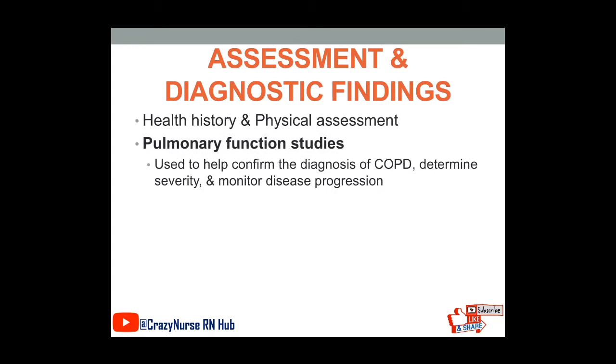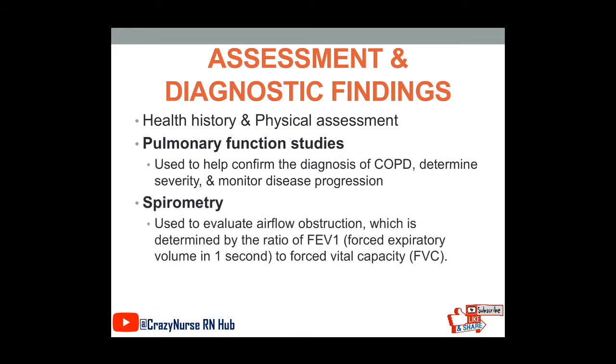They are used to help confirm the diagnosis of COPD, determine severity, and monitor disease progression. We also have spirometry. It is used to evaluate airflow obstruction, which is determined by the ratio of FEV1, or forced expiratory volume in 1 second, to forced vital capacity, or FVC.